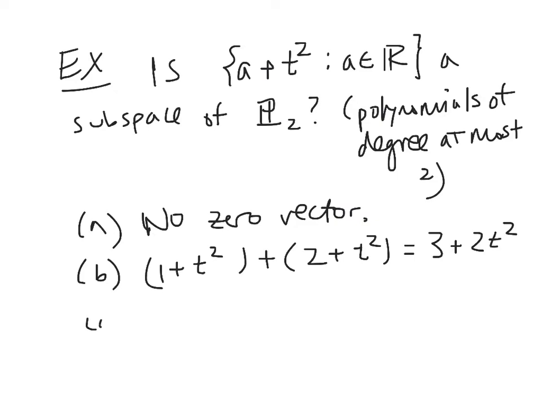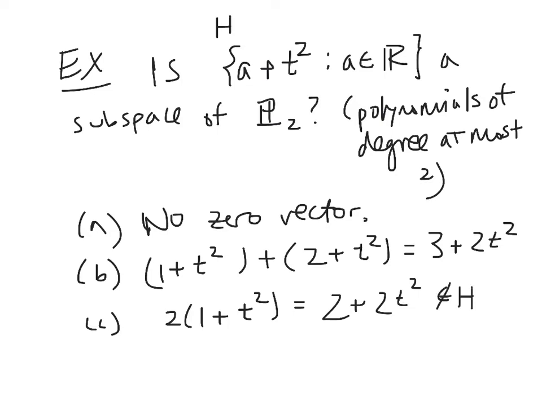And it's not closed under scalar multiplication either, because nothing works out for this one. None of these elements are in the space up here, H. So this is not in H, and this is not in H. So this is not a subspace.